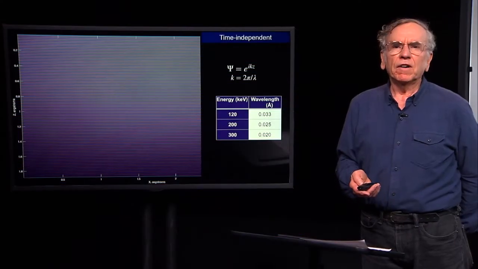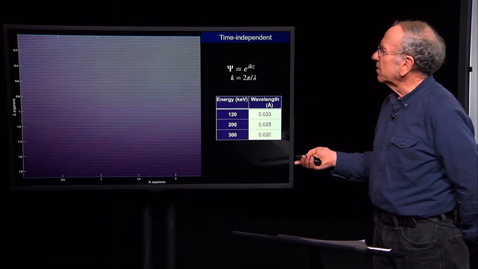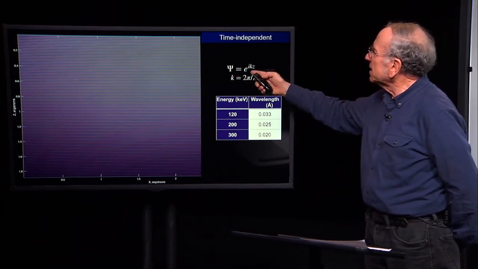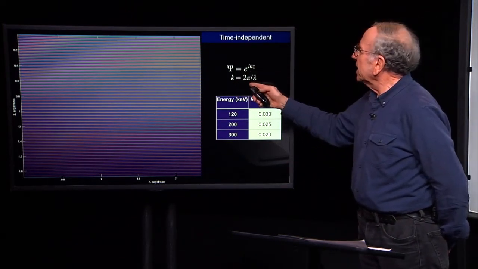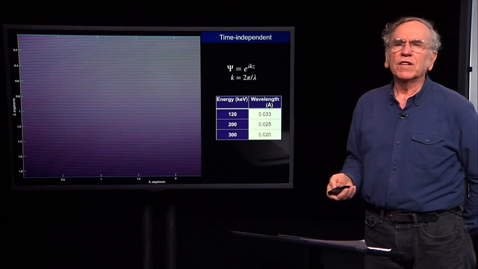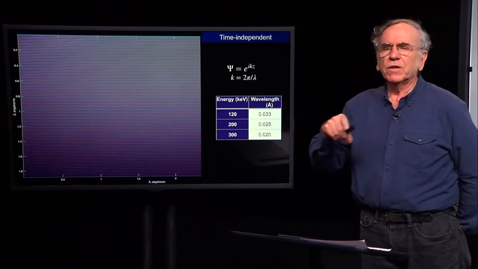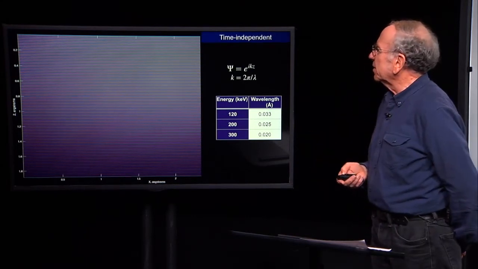But it turns out, for our purposes, we don't need to watch the propagation of the electron. So the electron wave function I'm going to use today is time independent. It's e to the ikz, and k is a constant called the propagation constant, like 1 over the wavelength, that just shows how fast the phase changes as you move in the z direction.